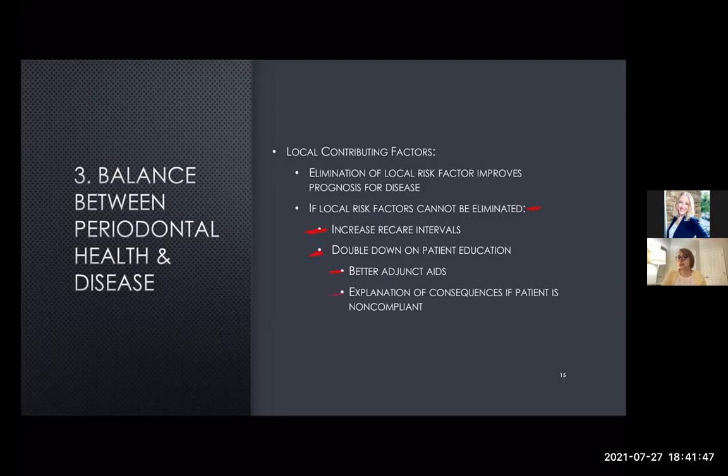And of course, explanation of consequences if the patient is non-compliant, which usually patients are non-compliant. This is part of when we talked about getting informed consent. If the patient does not follow through with the recommended treatment and the upkeep at home, you have to let them know what the potential consequences could be. In the case of periodontal disease, that means losing their teeth to periodontitis.